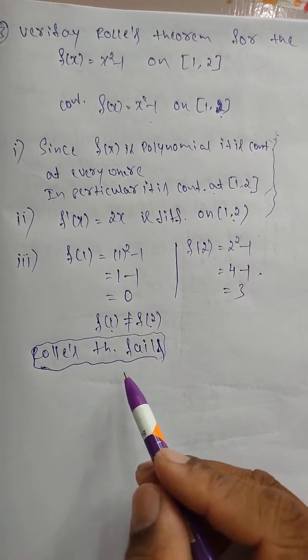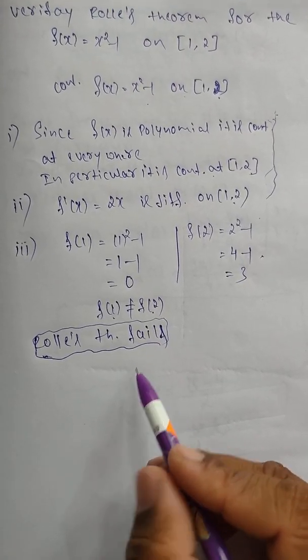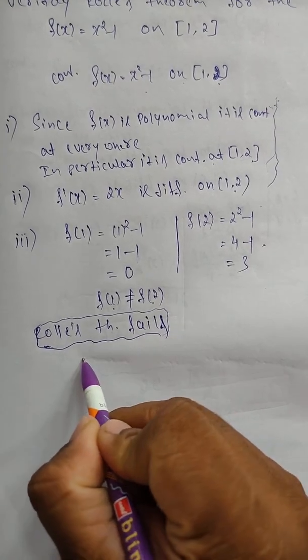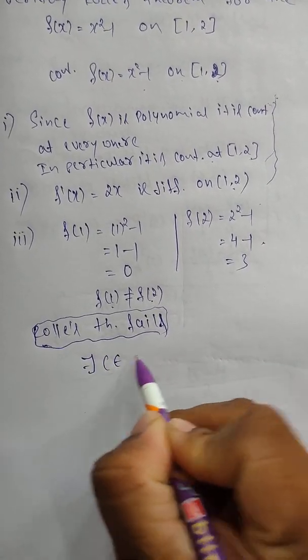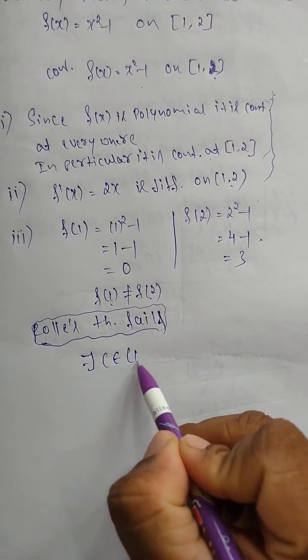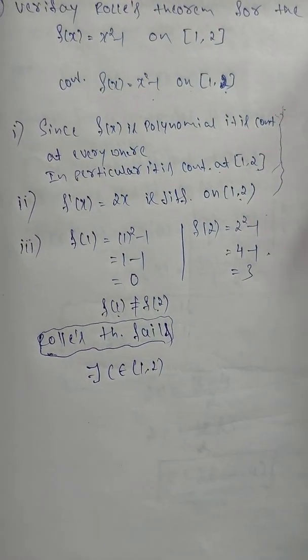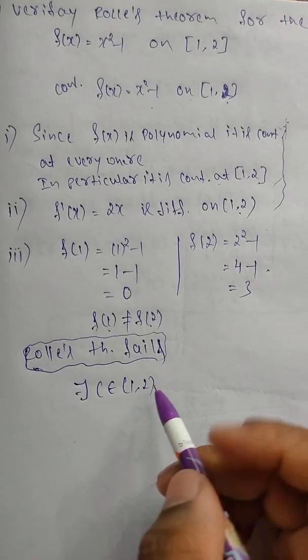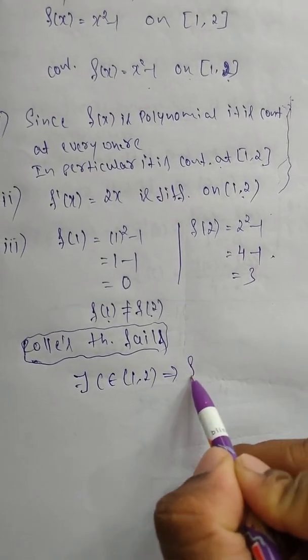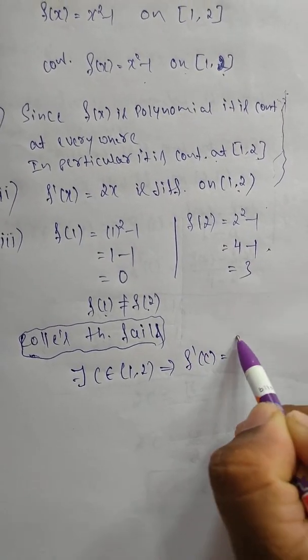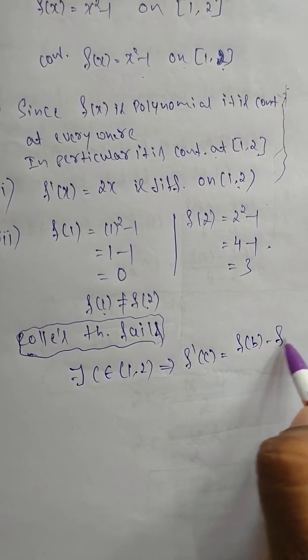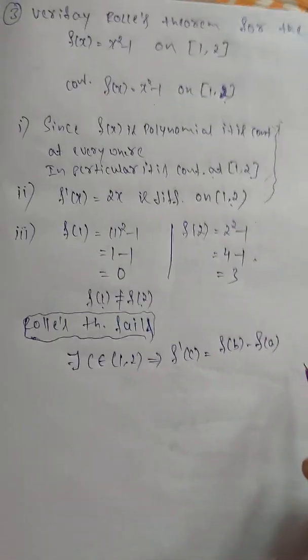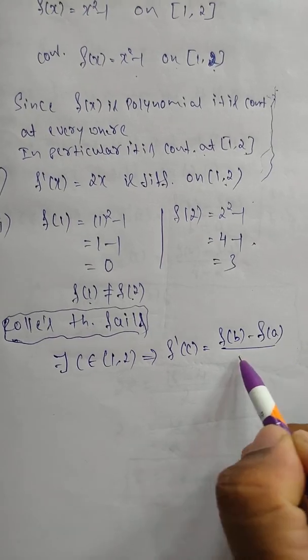Now let me continue the problem using the Mean Value Theorem. What is the Mean Value Theorem? Then there exists a c belonging to the open interval (1, 2), since in the Mean Value Theorem these two conditions are satisfied. f'(c) is equal to (f(b) minus f(a)) by (b minus a).